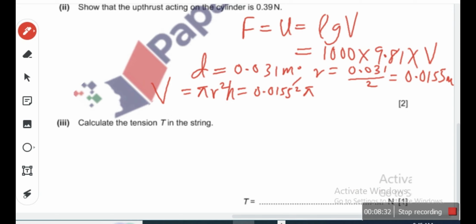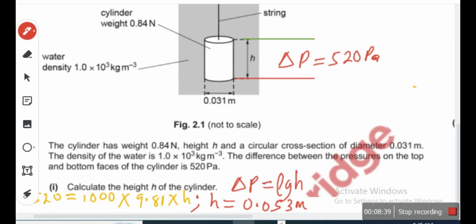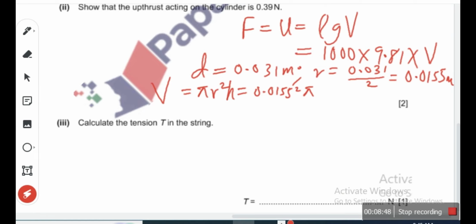So pi r squared h, which is 0.0155 squared times pi, then times the h. What did we get for our h? We got the h to be 0.053. So times 0.053. Quickly, please input this in the calculator.